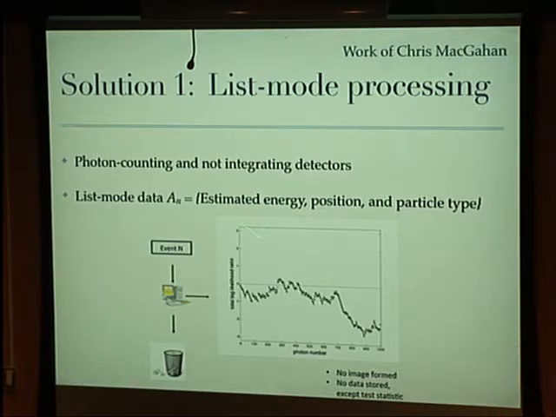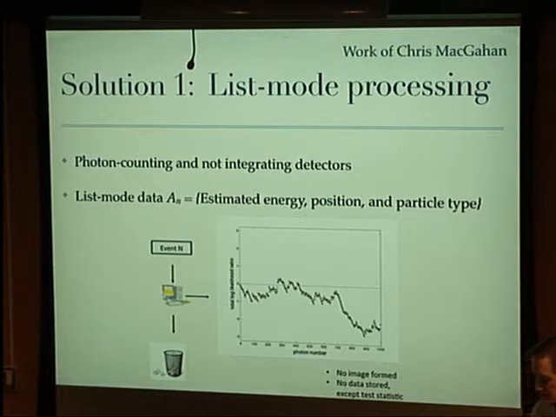These are list mode systems, so every event that occurs generates an estimated energy, an estimated position, and an estimated particle type, whether it's a gamma ray or a neutron. What we're going to do is generate methods for processing events one by one and update a single number, which is a test statistic, which we'll use to threshold.